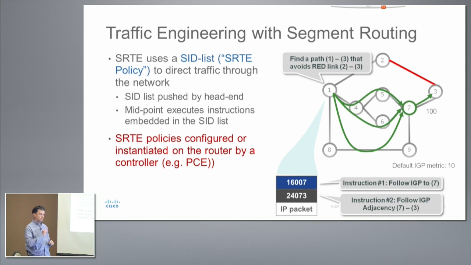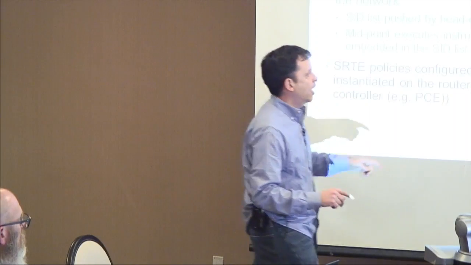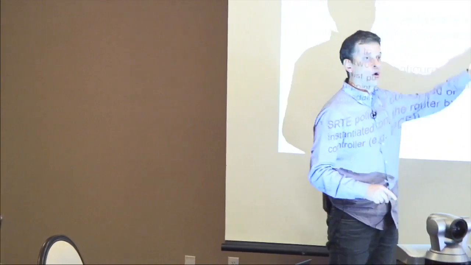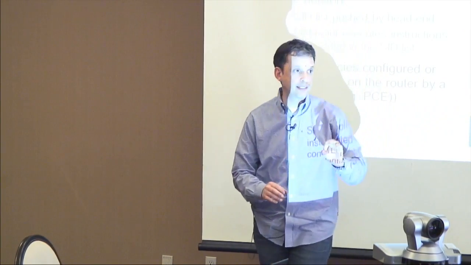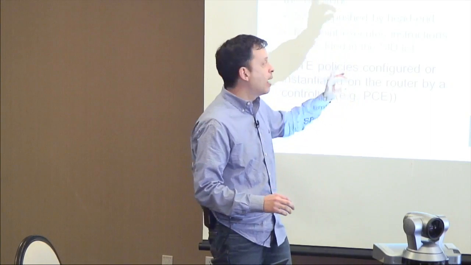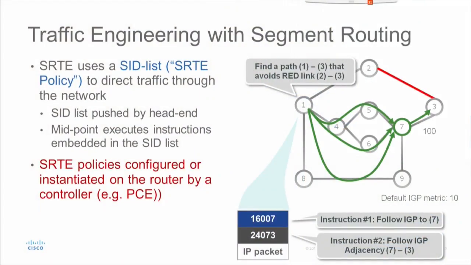Question: couldn't you also go to 16007 and then let the default routing handle it from there? Do you have to have 24073 in there? So the question is, could I just go to 7 and then tell it to go to 3 following the IGP? The second instruction would have been the global segment ID of 3. I could do that. But if you notice, that link between 7 and 3 has a very high metric, high cost.